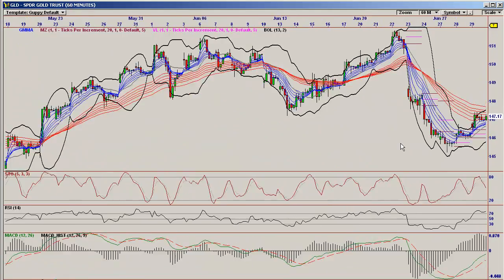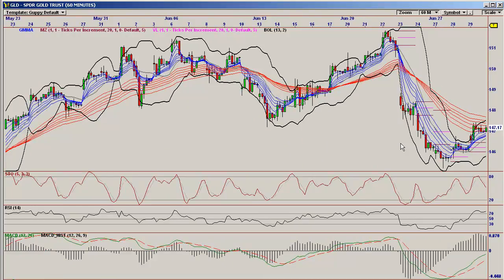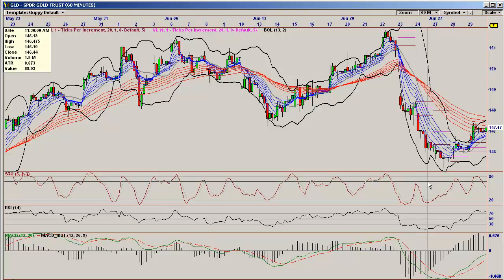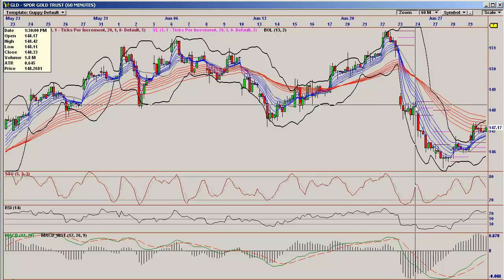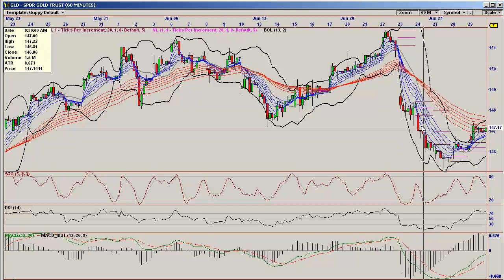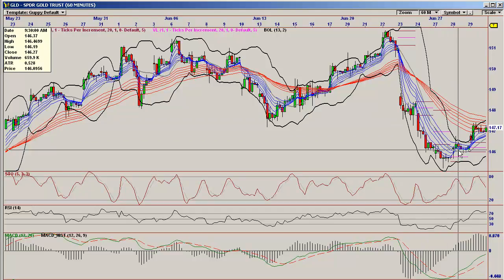And if we look at the 60-minute time frame, do we have any divergences to be concerned about? No. I mean, we do have this peak here, which is higher than these and the prices.